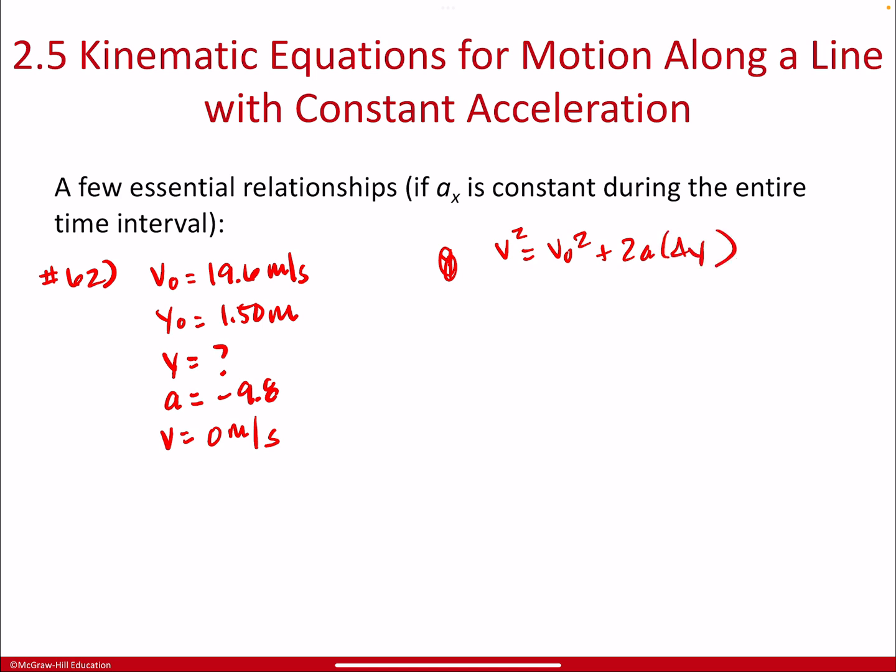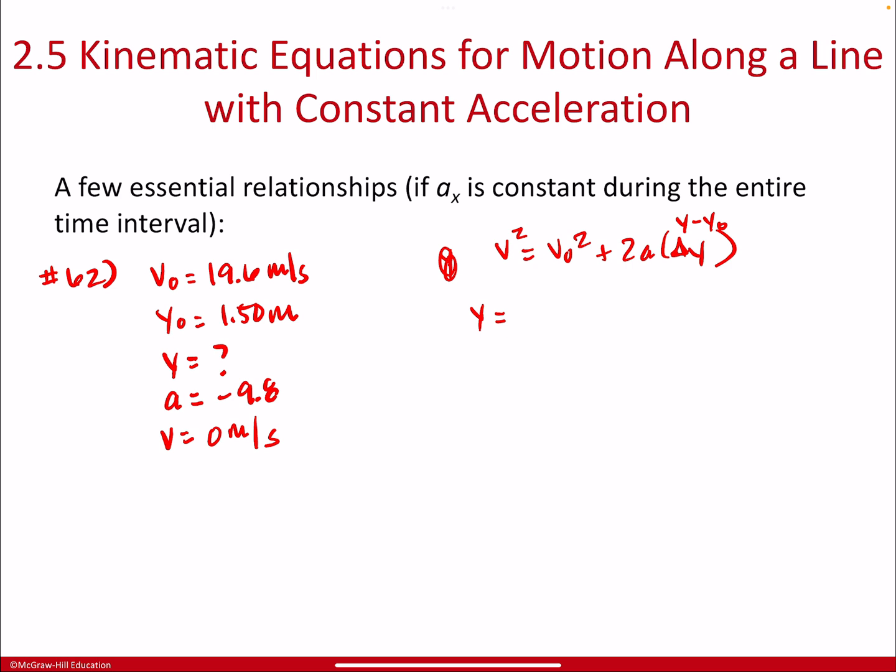We can find our y by doing, okay, I'm solving for final y, but this is change of y. So what does that mean really? Y final minus y naught, right? Do we have a y naught in this situation actually? Yeah, so we have to include that whenever we rearrange it.